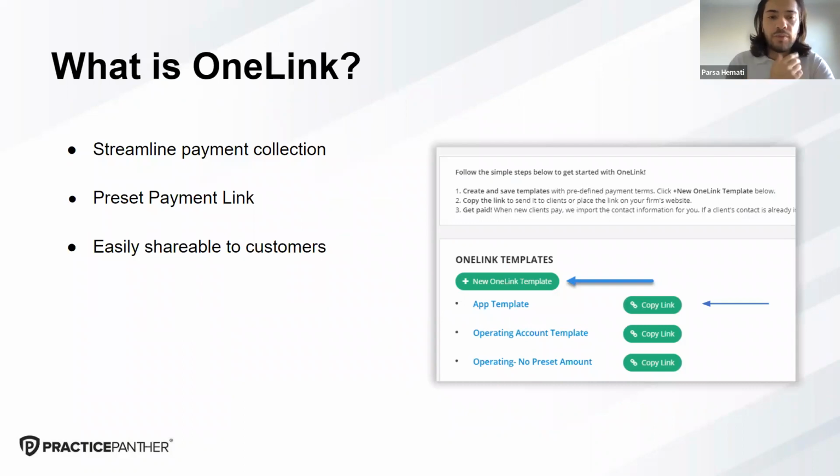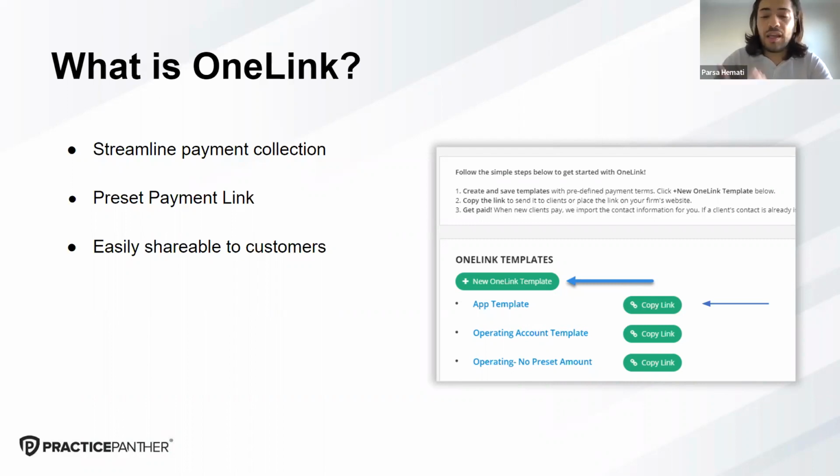Awesome. So let's dive a little bit into the OneLink and what this really is. Getting paid can sometimes be difficult, right? It's confusing sometimes for both you and your clients. And with PantherPayments, we want this process to be as easy as possible for everyone that's involved. The OneLink feature is a hyperlink that you can customize individually for your clients and place on a variety of different channels.